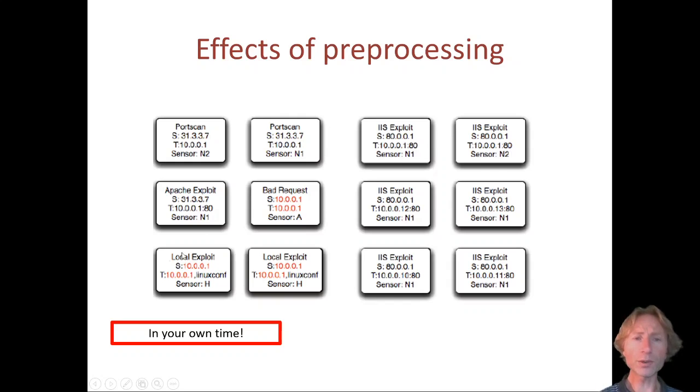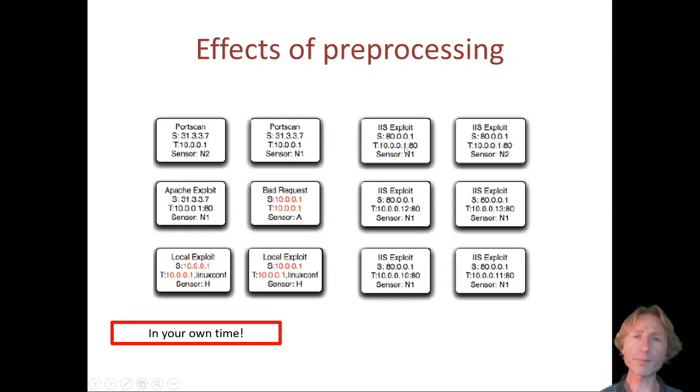And here also we have some more information added to our set of events. So this looks much better, but we still have this redundancy of information. For instance, here we have two alerts for what is essentially the same port scan, coming from the same source to the same target, picked up by two different sensors, but who cares? Same thing occurs here, so the IIS exploit is also the same, picked up by two different sensors.